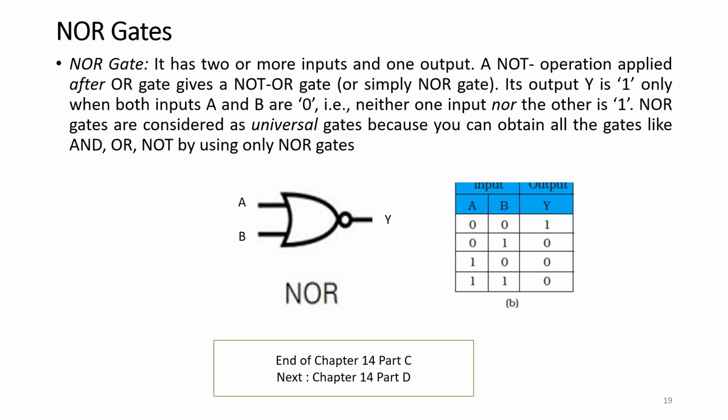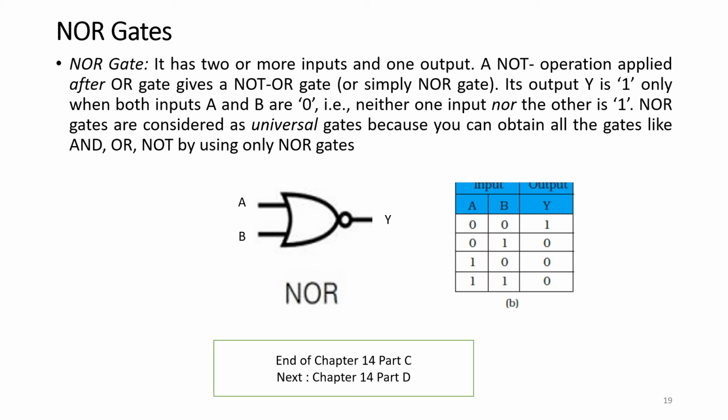So with this, we come to the conclusion of this chapter. Before we conclude, let us revise the NOR gate. A NOR gate has two or more inputs and one output. A NOT operation applied after an OR gate gives a NOT of an OR gate, or simply NOR gate.